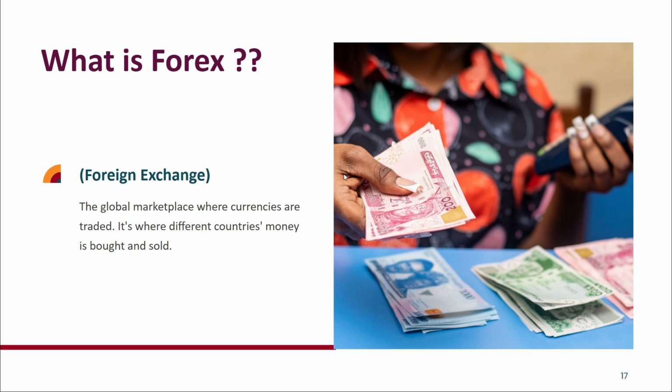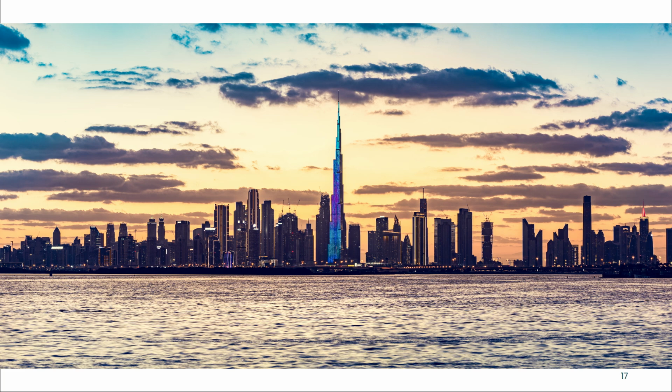The reasons could be commerce, which is just trade between countries. So we trade in the US dollar, or we trade using our Kenya shilling, or we trade using our Nigerian naira. All that is Forex for commerce or for business. We also do it for tourism, which is where tourists move from one country to another. Whenever I go to Dubai, I'll have to convert some of my dollars or some of my Kenya shillings into the dirham.